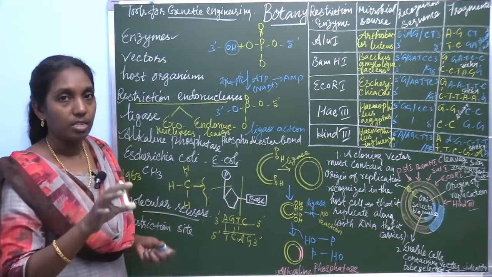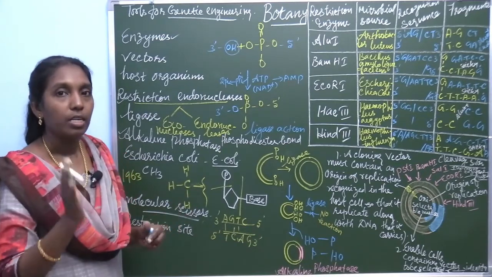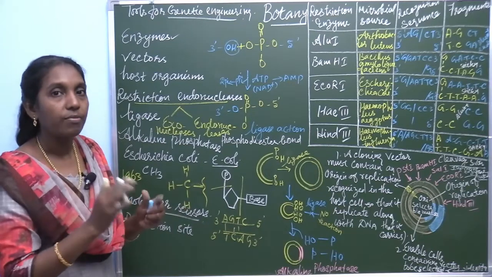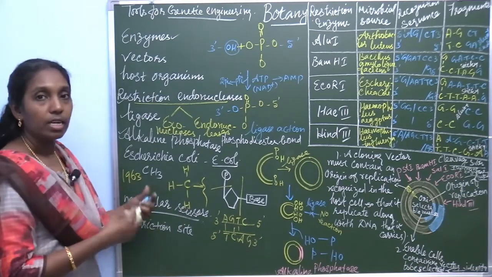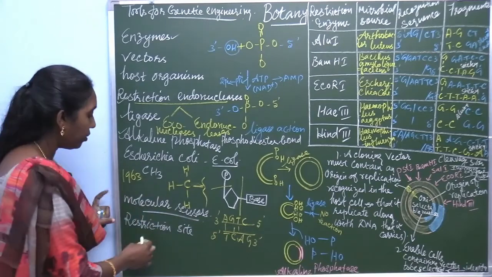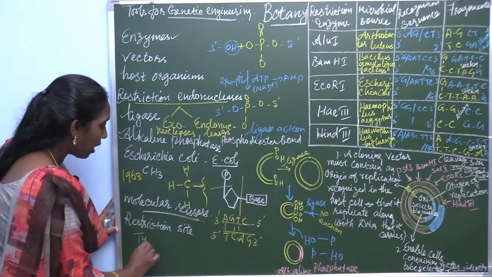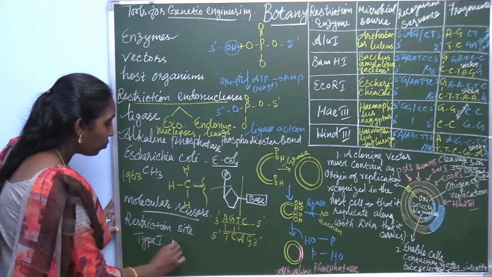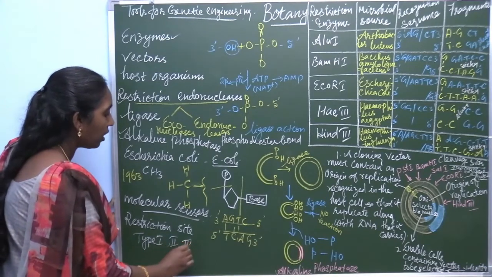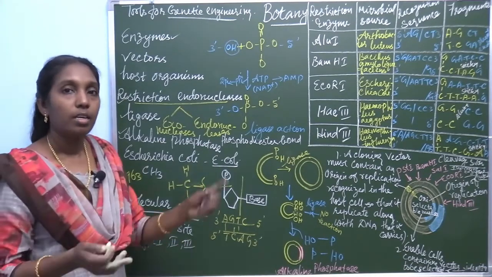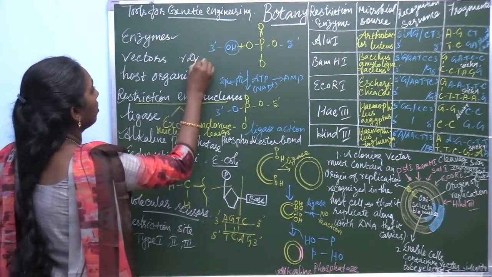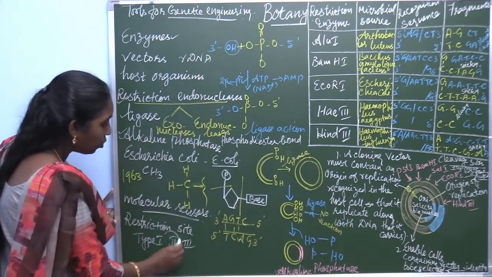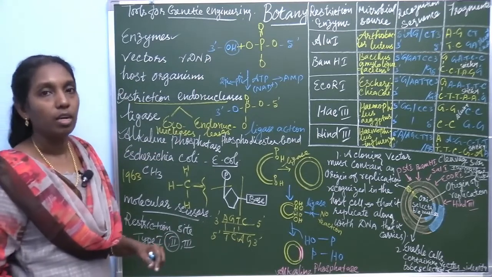In the recognition site, it cuts a specific area. Restriction enzymes are classified into 3 different types: type 1, 2 and 3. In recombinant DNA technology, that is rDNA technology, type 2 restriction enzymes are involved.